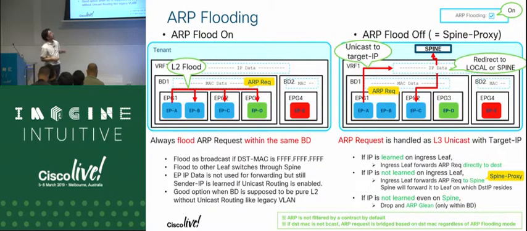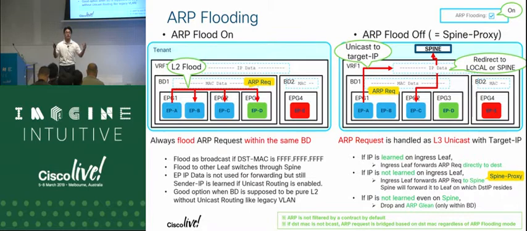Then the next one is ARP flooding. If ARP flooding is enabled, then we do basically the same thing as a normal switch. When we receive the ARP request, we flood the ARP request within the L2 flooding domain. In ACI, it's the bridge domain, so that's slightly different, but we flood within the L2 flooding domain.